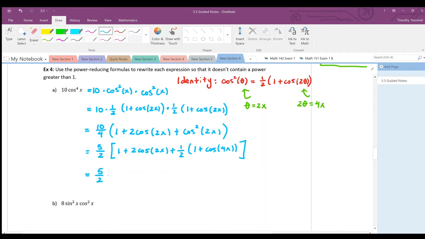So 5/2, and then 5/2 times 2 is just 5. And then 5/2 times 1/2, it's going to be 5/4. And remember, this is 5/4 times 1 plus cosine of 4x.